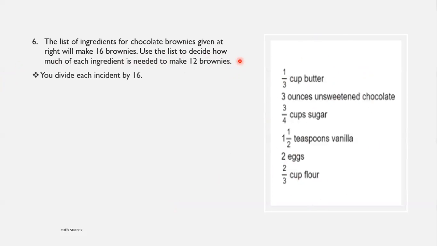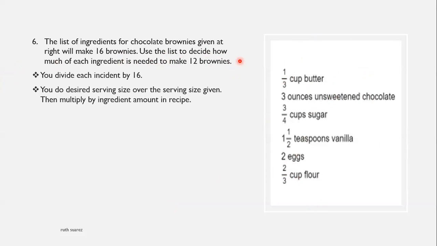Well, first you do desired serving size over serving size given. Then you multiply by ingredient amount in recipe. So pretty much what you're going to do is put 3/4 because the desired serving size is 12 and the serving size given is 16.